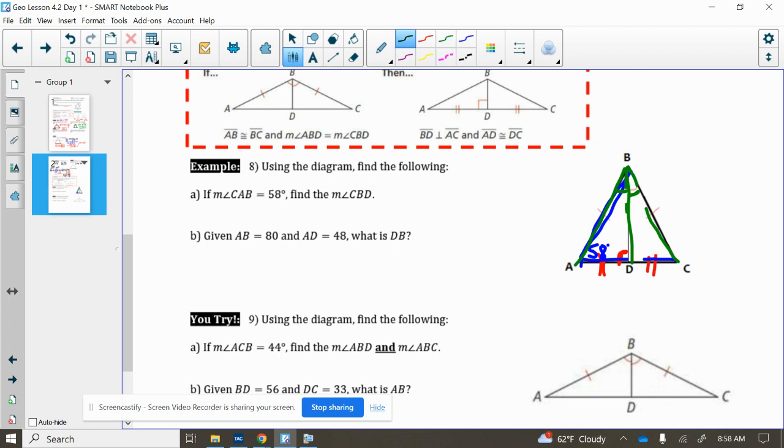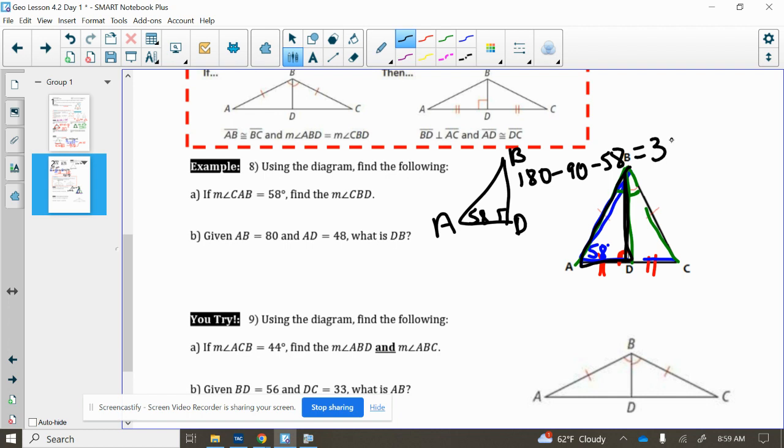So if we focus on this triangle right here, we basically have two out of the three angles, right? We have that angle D is 90, we have that angle A is 58, and we can find our last remaining angle up here by doing 180 minus 90 minus 58.